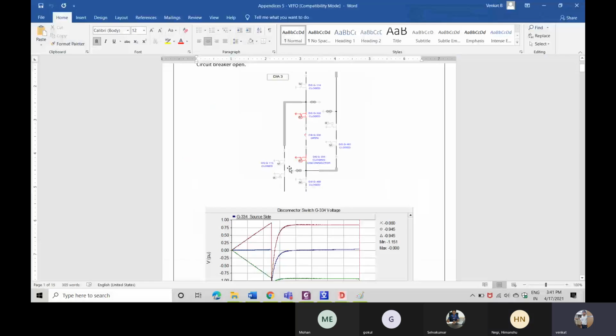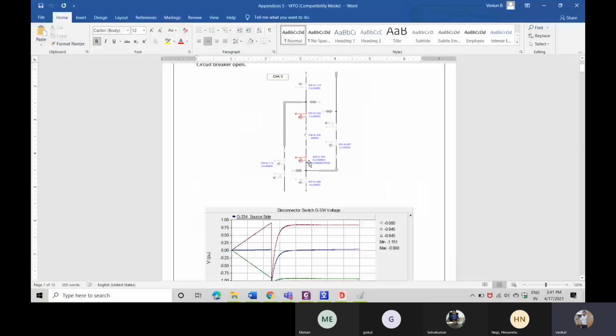In the other part I have a DC component, a DC voltage here. Now I will perform a closing disconnector operation here.